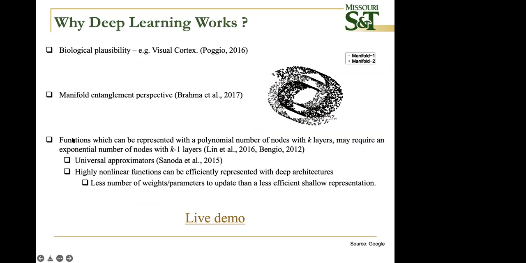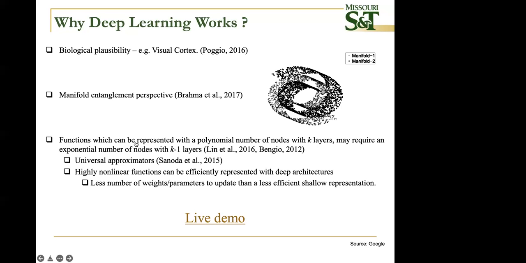So why does deep learning work? The fundamental thing is biological plausibility. We use deep learning inside our visual cortex. It's proven, okay. They have also shown, using a manifold entanglement perspective in 2017, that a very complex network can generate very complex decision boundaries, which is very useful for prediction.